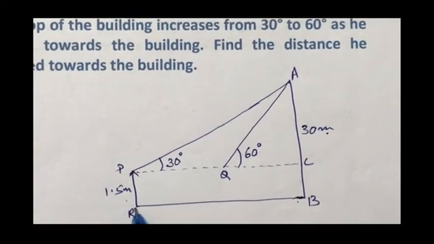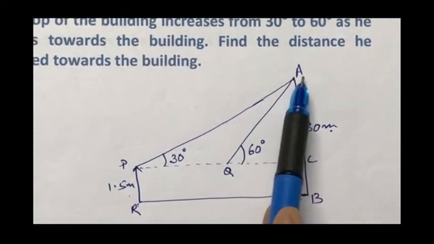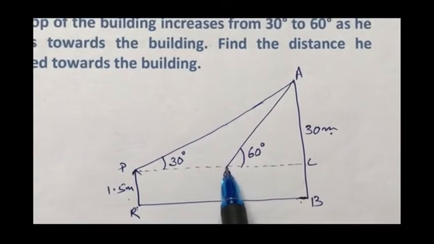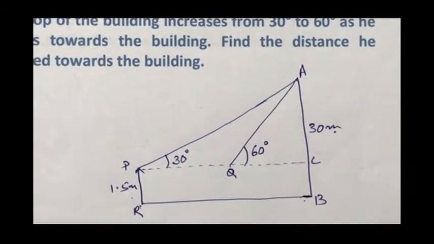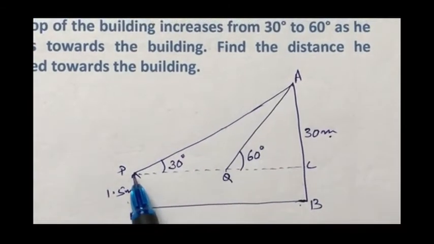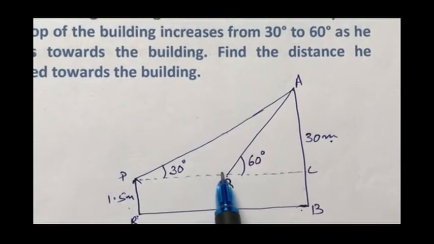Initially, when he was standing at this R, then the angle of elevation was 30 degree, and when this boy reached this point Q, then the angle of elevation is 60 degree. So the question is, find the distance he walked towards the building. You have to find out PQ.